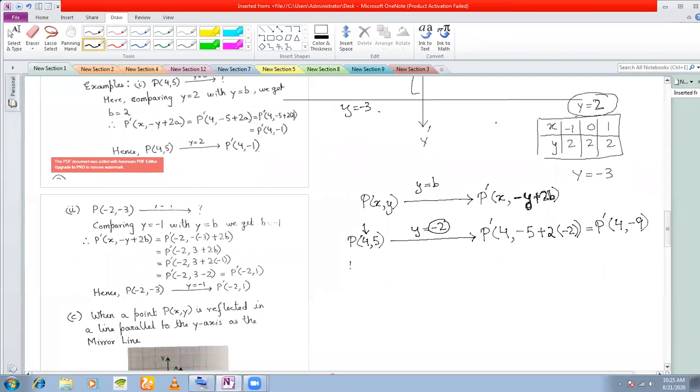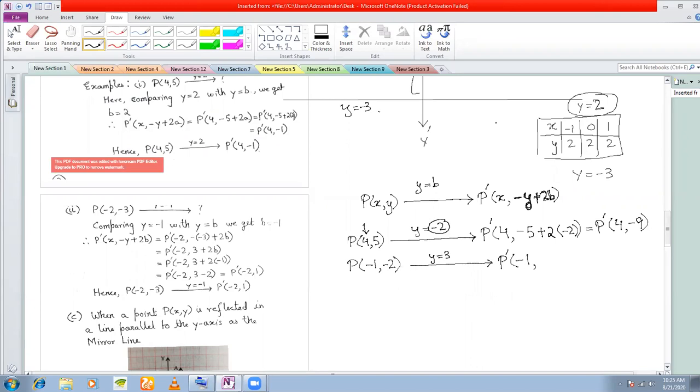Okay, fine. So let us take (minus 1, minus 2). I want to reflect this in the line, say y is equal to 3. What should be the coordinates of P dash? The x coordinate will remain the same, so I write minus 1, no changes here.